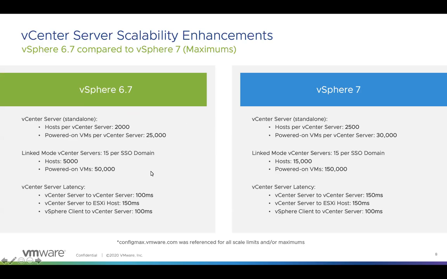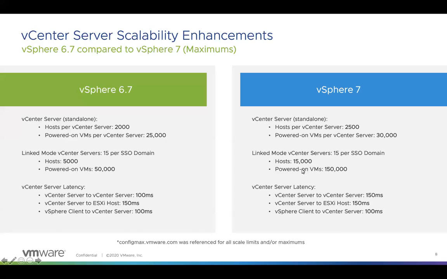And with linked vCenters, it is almost 3 times the limit. We were managing 5K hosts earlier; now with 15 vCenters you can manage 15,000 hosts. And for 15 vCenters, you used to get 50K VMs, but in 7.0 you can manage almost 150K VMs with 15 vCenters linked together.